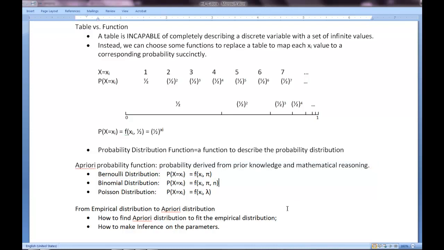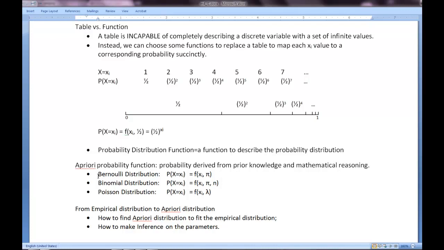And there are 3 corresponding a priori probability functions associated to the 3 examples that we have used so far, namely the coin toss, the consecutive coin toss, and also the customers in a bank.